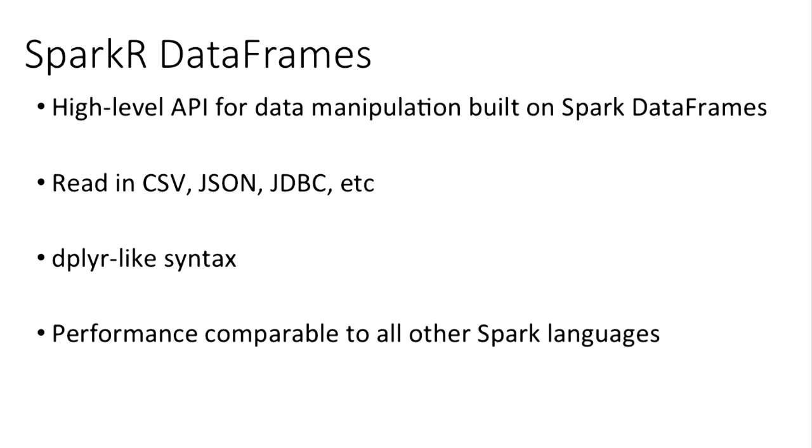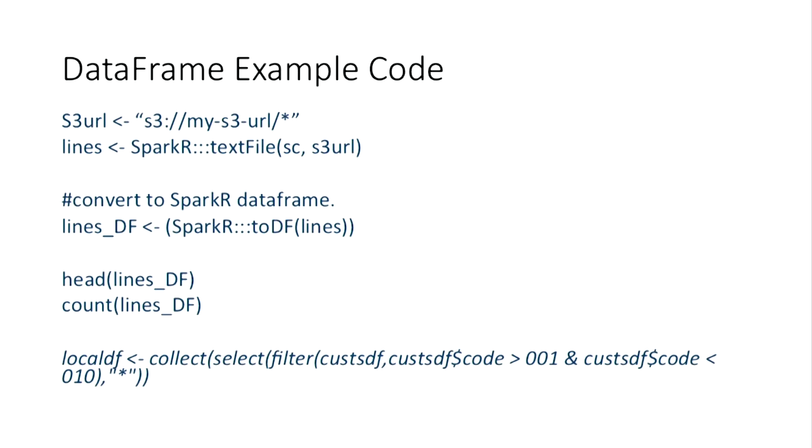That's the main part of SparkR today, this DataFrames API. It's going to read in your regular things, but also things off of S3. And the performance is going to be comparable to all the other Spark languages, because again, you're going through that same RDD API that you would for any other language. So here is a very simplistic example of what it would look like.